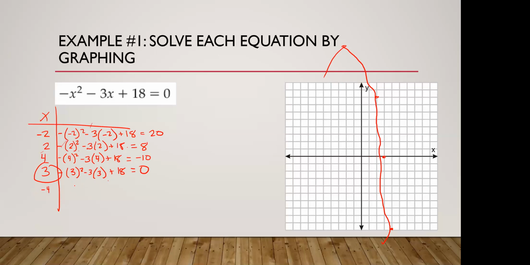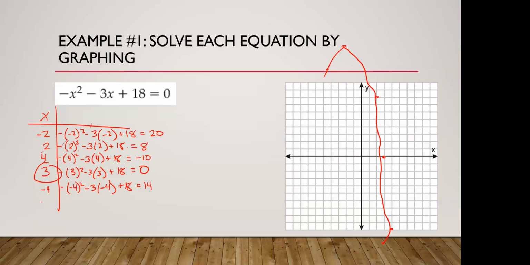If I plug in -4, I get negative 4 squared minus 3 times -4 plus 18. I end up with positive 14. So at -4, I end up with a positive 14, somewhere up here.